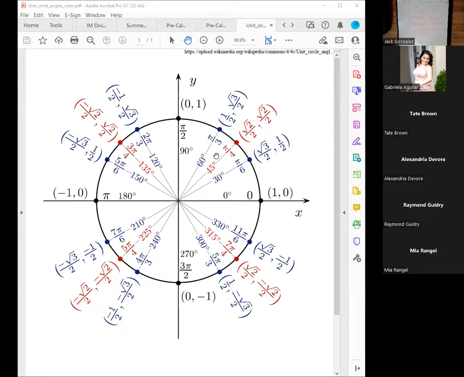Now, if you don't have it memorized, open up your circle. Cosine 30.